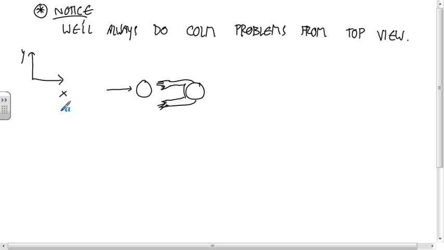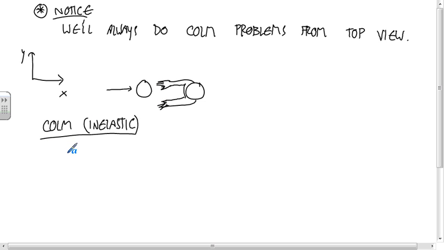So before the collision, there are two objects in this system.